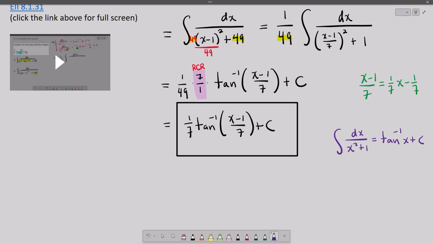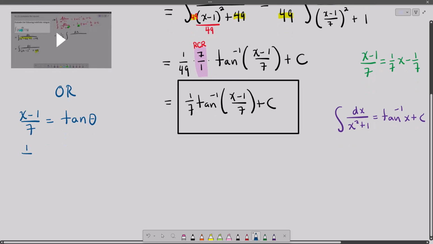Now, if we didn't see that right away, if we saw, ooh, sum of squares, trig sub, it's a tangent, let's do it. We could say, let's use trig sub, and we would choose tangent because it's the sum of squares. Sum of squares, always tangent.